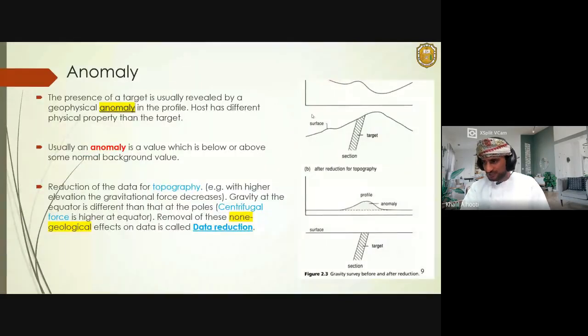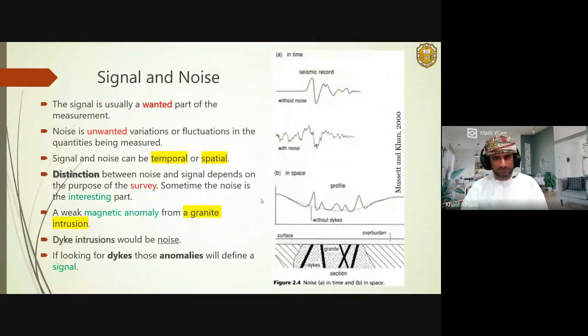Once we remove the topographic effect, we'll see that the anomaly is very clear. The anomaly is created because of this target or this dike or this intrusion, whatever it is. So usually we do data reduction to come to these points. If there is any extra noise or the data stays not clean because of outside noise, we go to the next stage, which is signal and noise. We try to separate the signal from the noise.